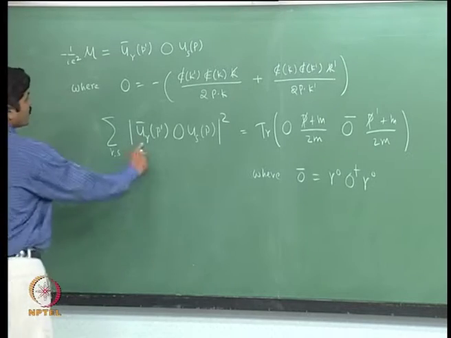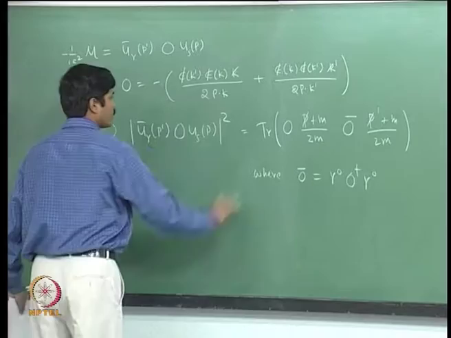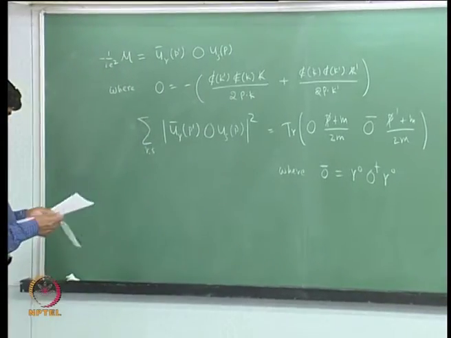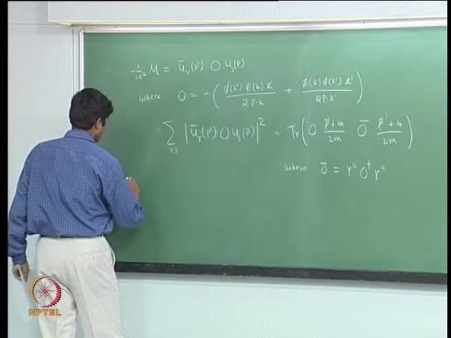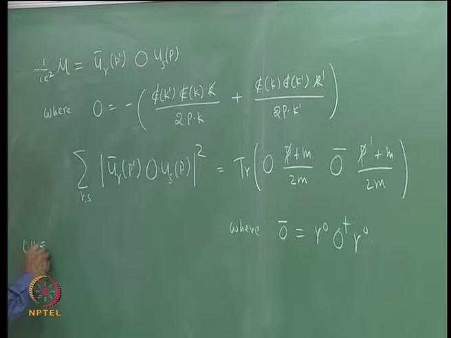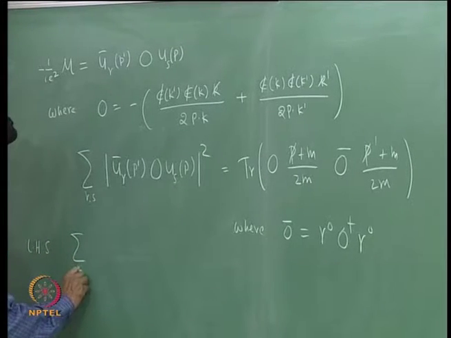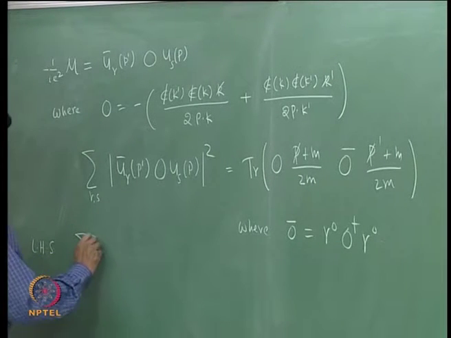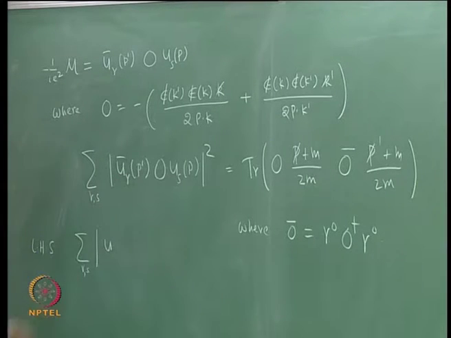So, let us work out this expression and then show that this is equal to the trace of a bunch of gamma matrices. The LHS is sum over r s mod of u bar r. I can write it in terms of its components.